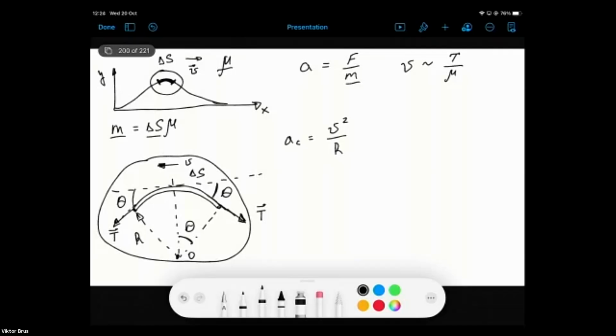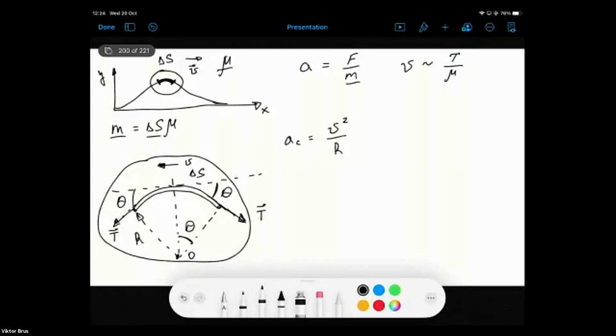From the other side, there are two vectors of tension, from the left side and from the right side. They are equal, oriented at the same angle, which means that in the horizontal direction they will compensate each other. So there will be no component in the horizontal direction. However, there will be some net force originating from these two tension vectors directed downwards.